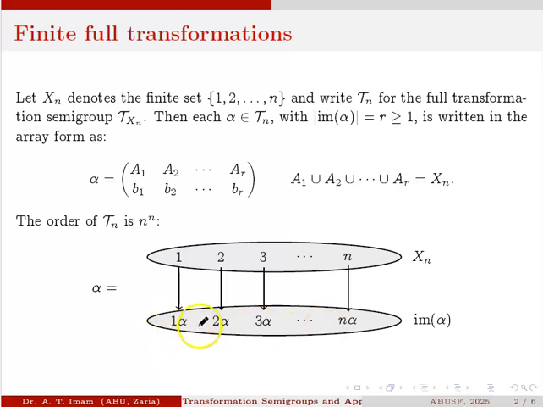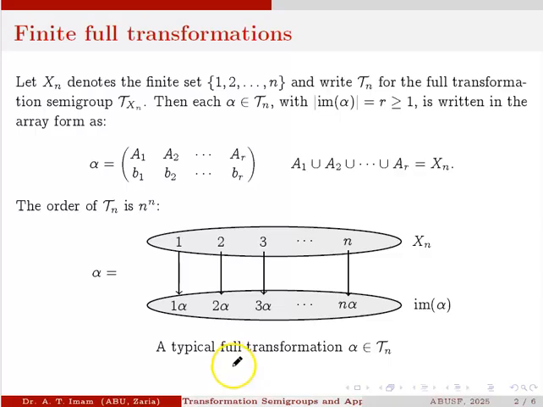There may be repetition here because 1 and 2 can map to the same point in the set Xn. So what we are depicting here is not exactly the image set, but repetitions may occur. So we are seeing the images of the points in the domain. And so this is a way to visualize a typical full transformation in Tn.